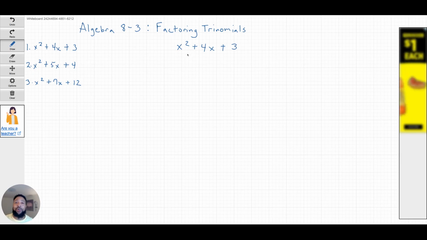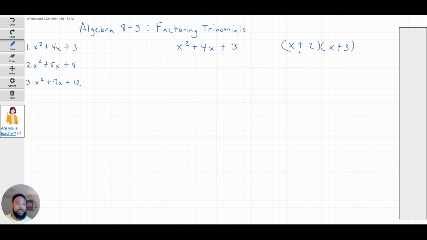And I need to show you that so you can see how this works. So say, for instance, off to the side here, we have x plus 2, x plus 3 multiplied by each other. These are two binomials, algebraic expression with two terms each.